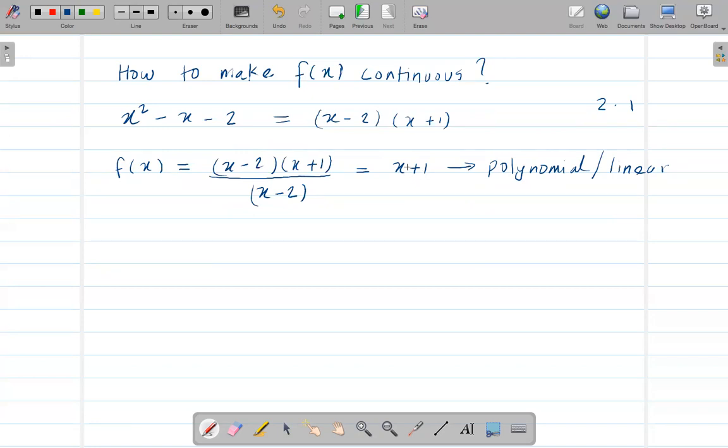If all the values of x are going to work, then there won't be any discontinuous point. So in that case, we say that the function is continuous from negative infinity to positive infinity, right? So basically all the real numbers are going to work.